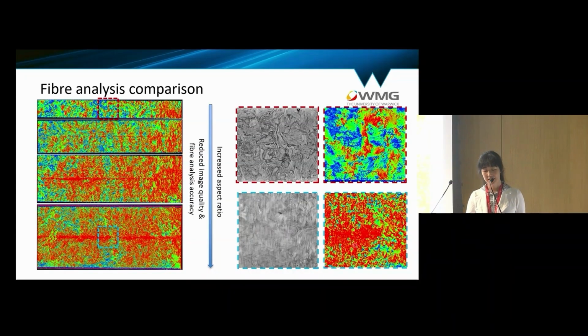This effect also creates problems in the fiber analysis because it interprets the results as fibers being aligned in that direction, although that's actually a visual effect caused by the poor image quality. With the narrowest sample, 25 mil, we're able to get a very clear image, and the fiber orientation result is much more reliable as well.